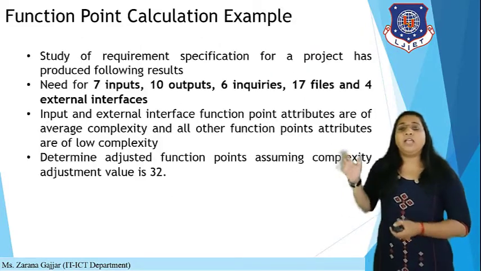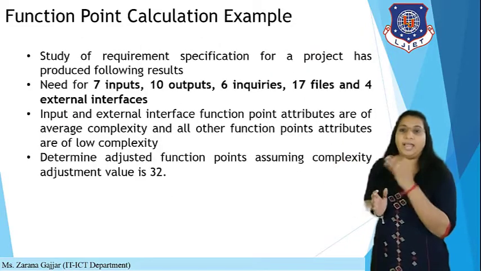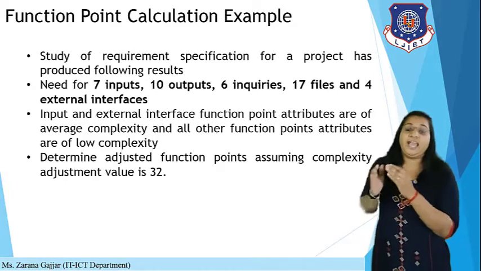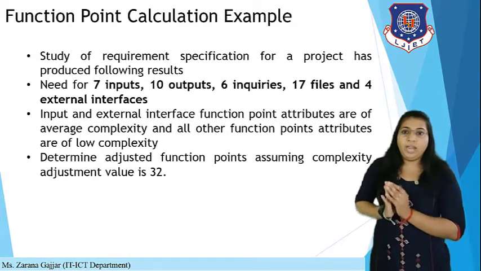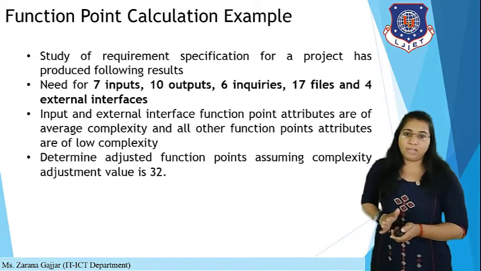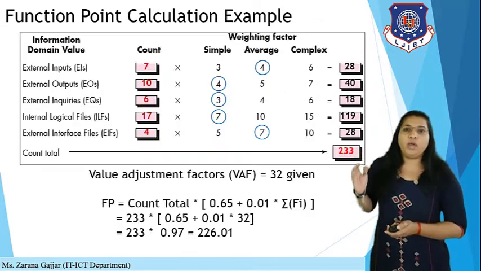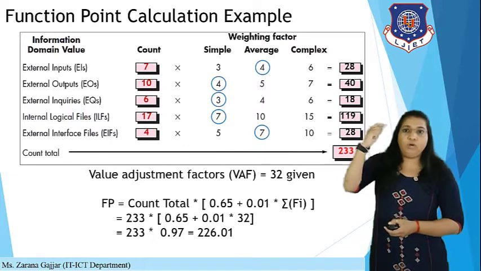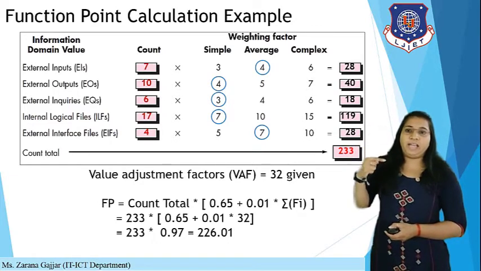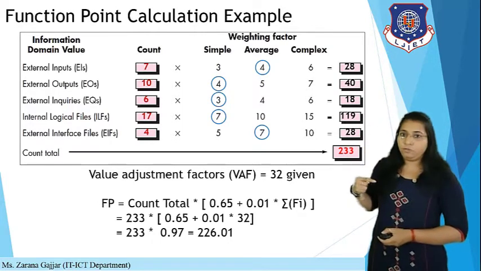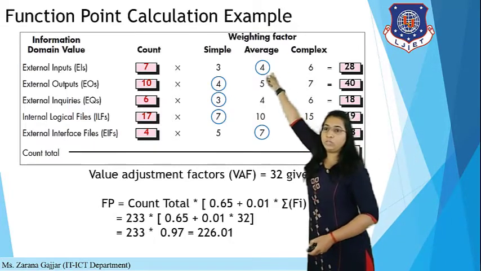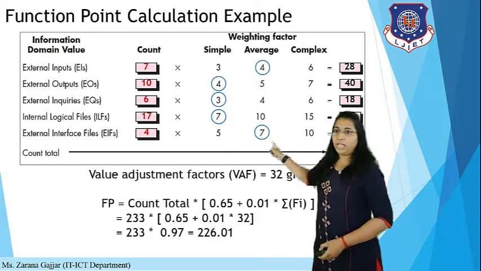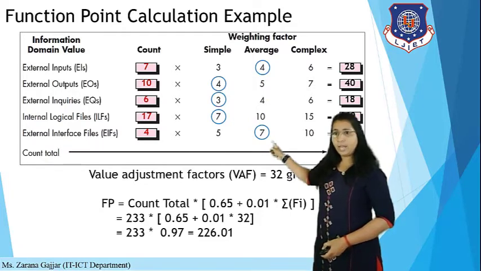Here they have already mentioned in the example that input and external interface function point attributes are average, and others are low complexity. So you have to select the average value for input and EIF, that means external interface file. Here you have selected 4 for input and 7 for external interface file.